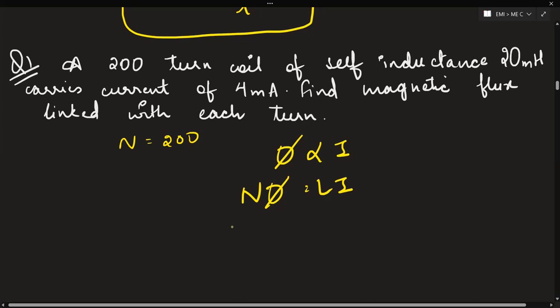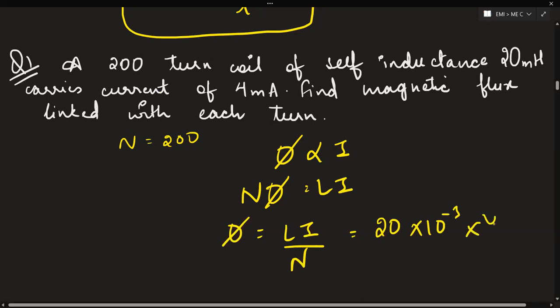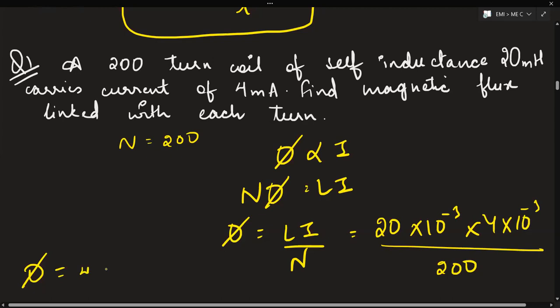So from here phi will be equal to L i divided by N. L is given as 20 into 10 to the power minus 3 henry. Current is given as 4 into 10 to the power minus 3 amperes, divided by number of turns as 200. So yes, the answer is right. It will be 4 into 10 to the power minus 7 webers. Note down the solution. I'm giving you more questions.